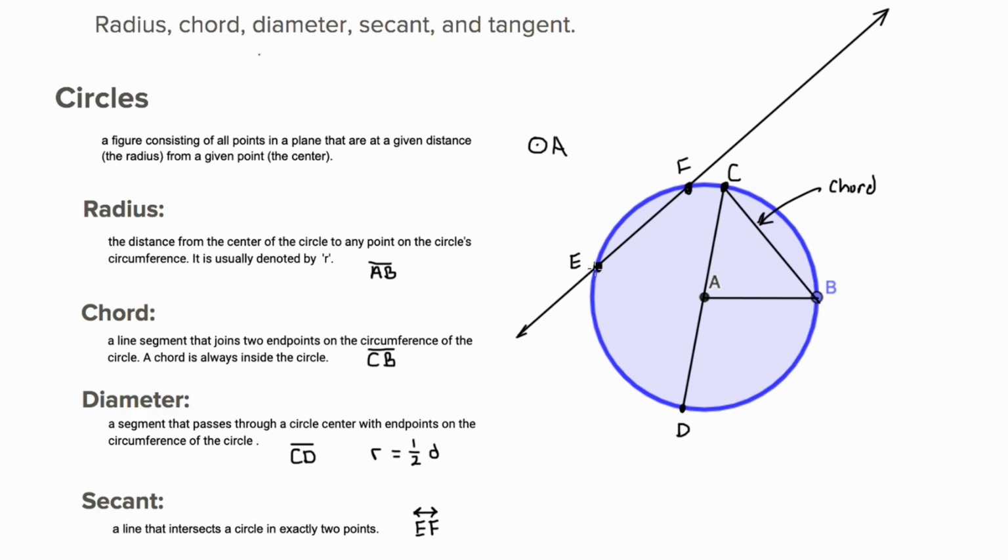And so it passes through the circle in 2 points, and a line extends infinitely in both directions. So that's a secant. So a chord has 2 endpoints, is inside the circle, and the points are on the circumference. A secant has points on the circumference too, but it's a line that extends infinitely.